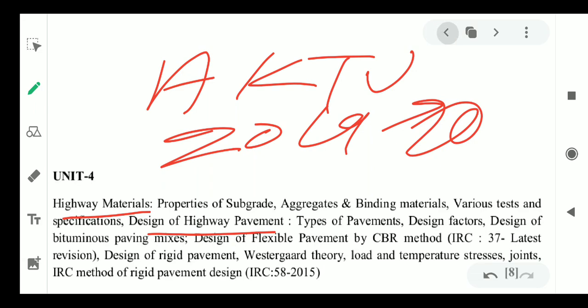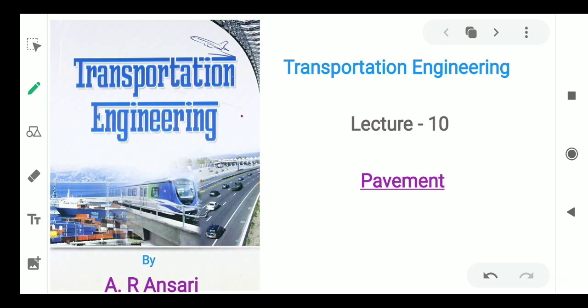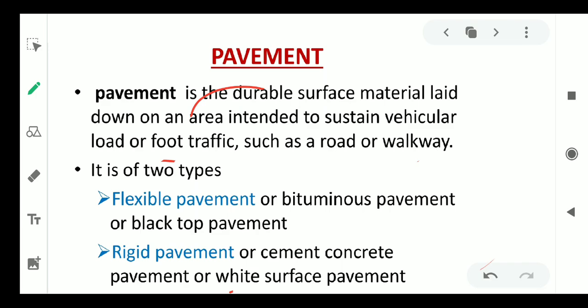Okay, so let's start. In the first lecture of this unit, first we will cover the pavement. So what is pavement?